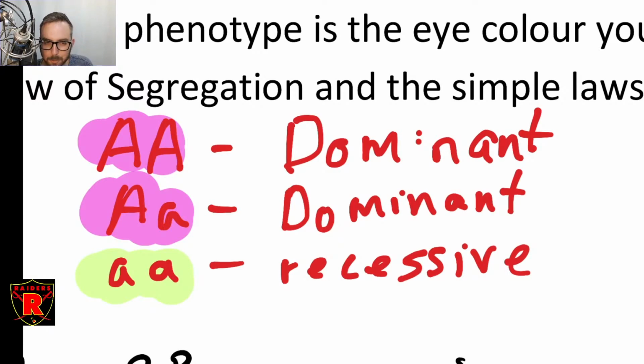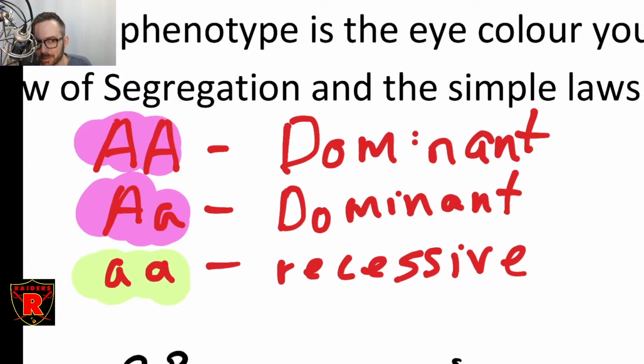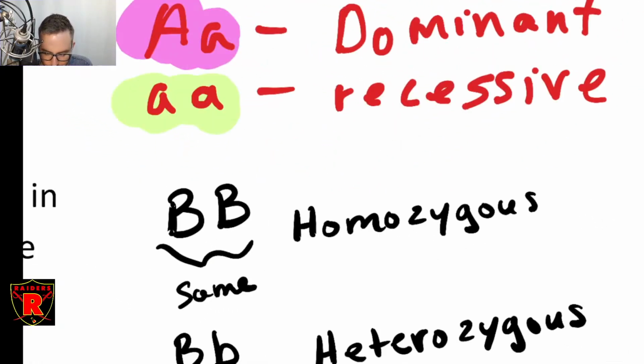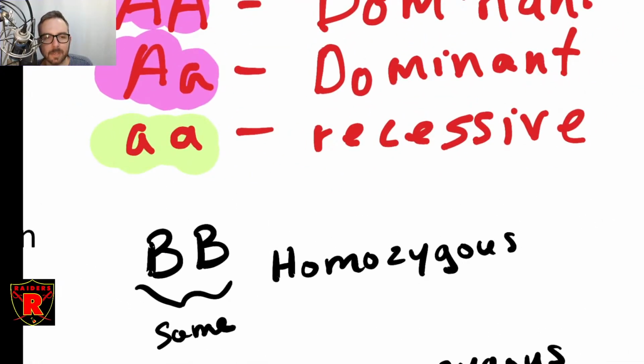All right, so I'm going to throw one more piece of terminology at you. This should all go in your terminology list, by the way. When both of your alleles are the same, and I know you know these prefixes from other science courses, in science, homo as a prefix means the same, like homogeneous mixture, it's all the same. So homozygous means that your two alleles are the same.